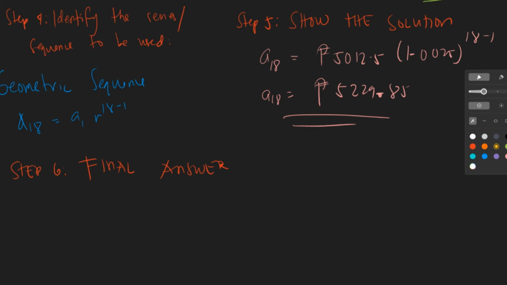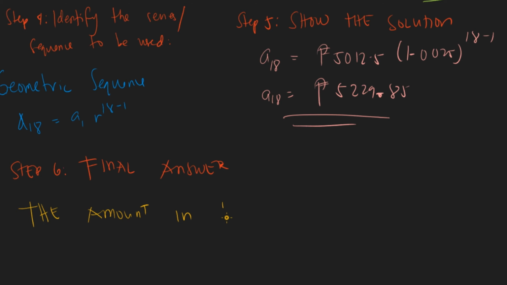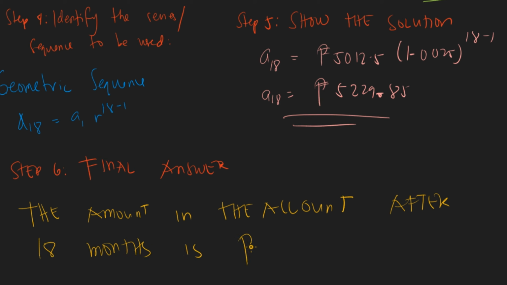The final answer is the amount in the account after 18 months is 5,229.85 pesos.